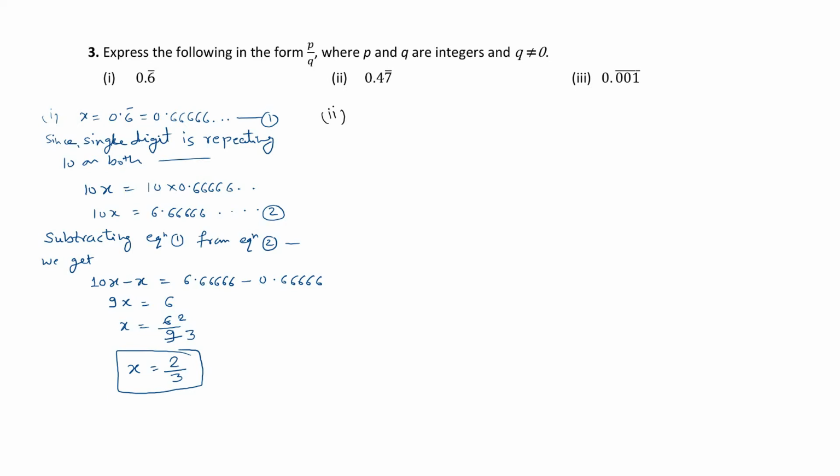Let's consider x is equal to 0.47, or we can also write it as 0.47777 and so on. So let's consider this equation number 1. Since again a single digit is repeating, we will multiply by 10 on both sides of the equation.